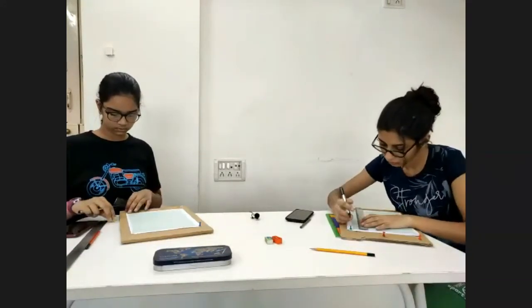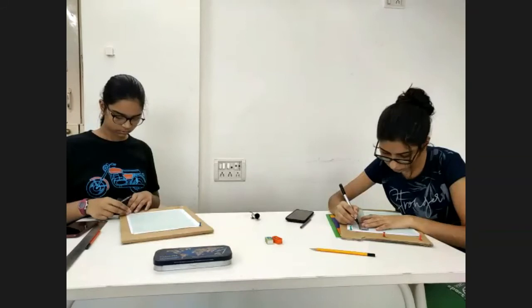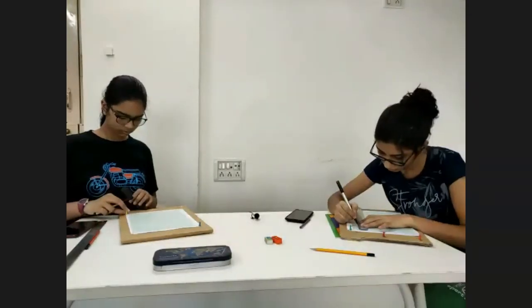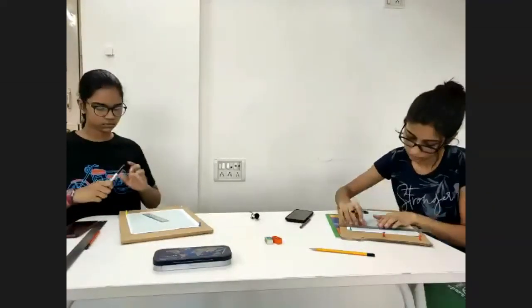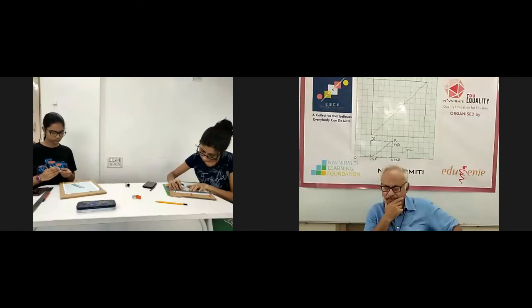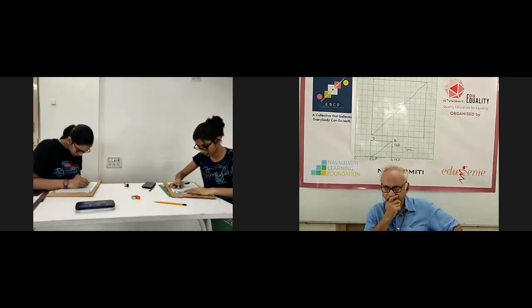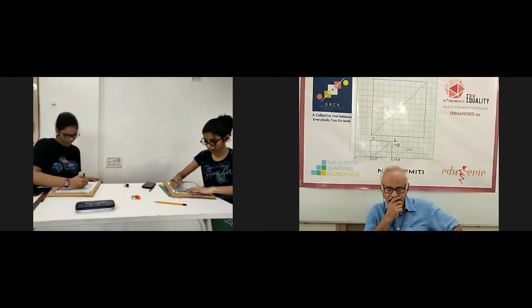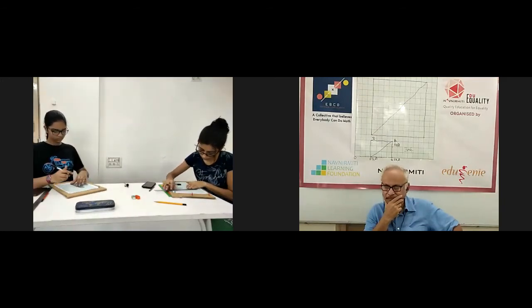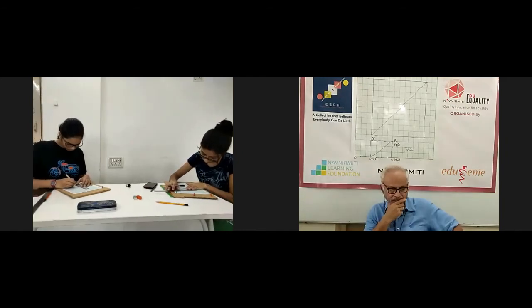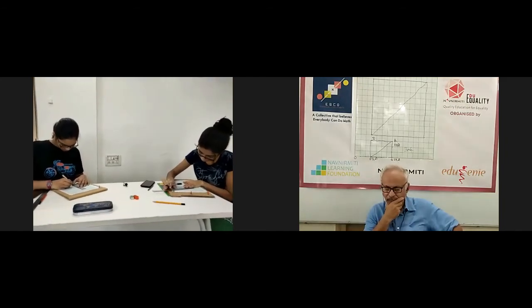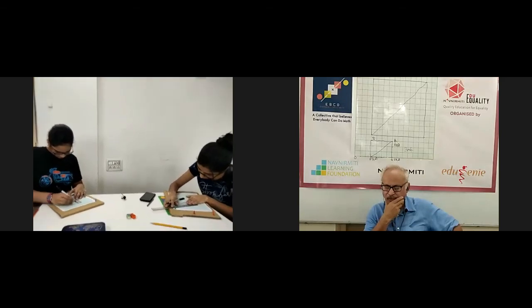Have you done the drawing? Yes. Now measure the length of the diagonal. 12.9 centimeters, which is almost 13.